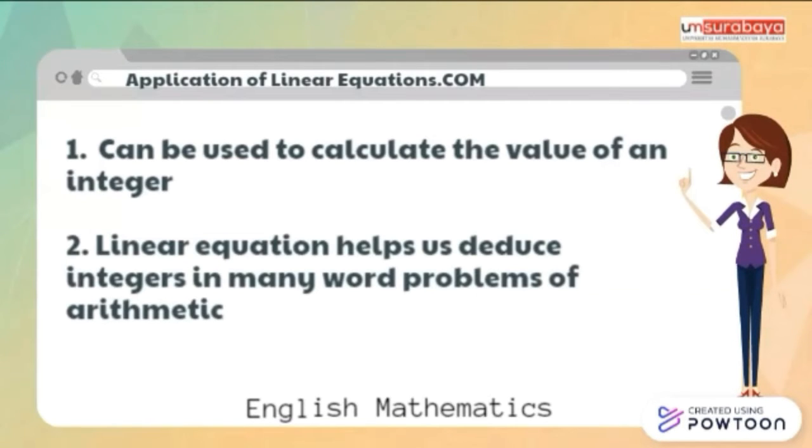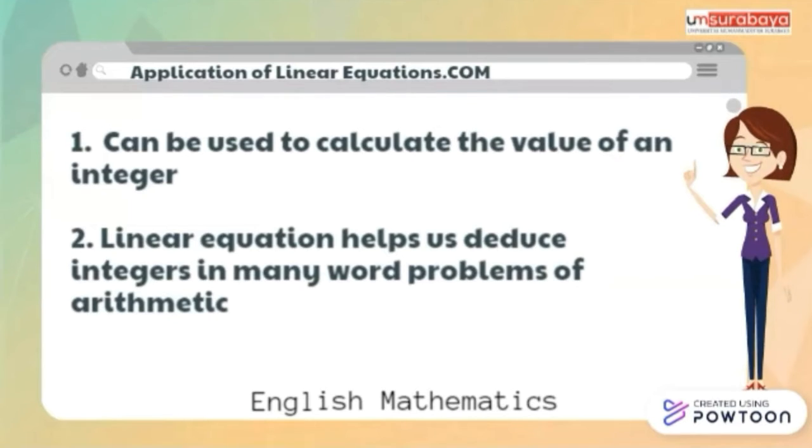And then linear equations help us deduce integers in many word problems of arithmetic. Not only does this expression make the equation simple to understand, but it also helps in reaching a conclusion easily and fast.